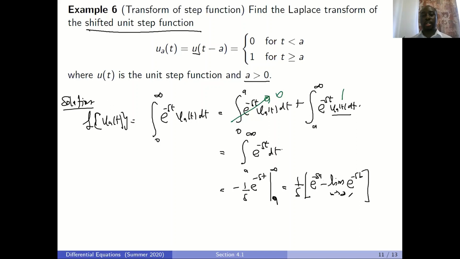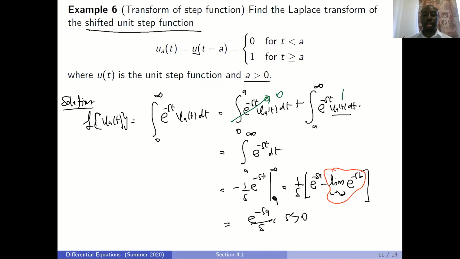Now clearly, if s is positive, as long as s is positive, this limit is going to go to 0. And so my integral converges to e to the minus sa over s for s positive.